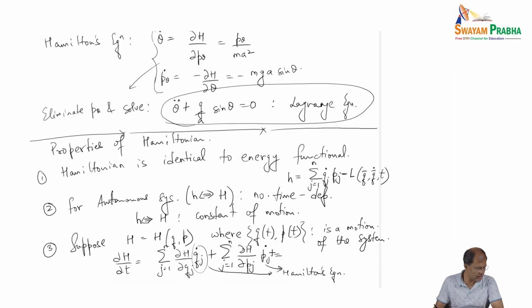So I'm going to use my Hamilton's equation in both these terms, and we see that this is the summation j from 1 to n of partial H partial Qj times partial H partial Pj plus partial H partial Pj. I'm just replacing all my derivatives of the independent variables using our Hamilton's equation.